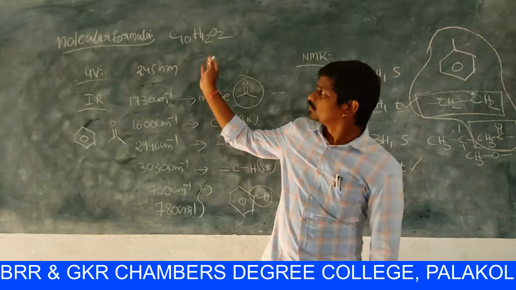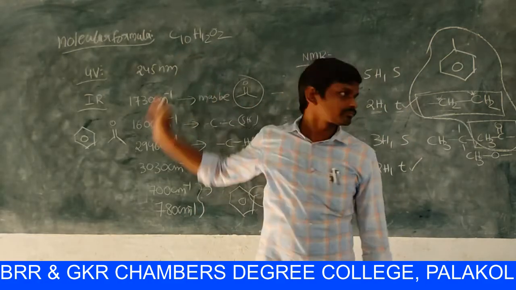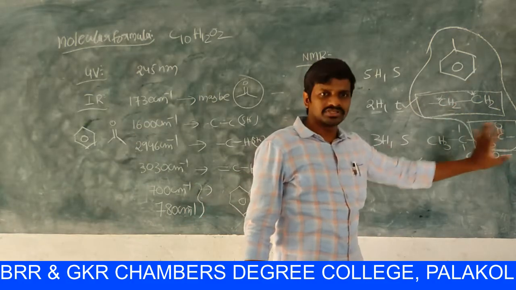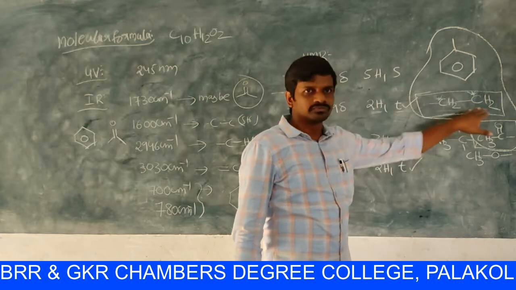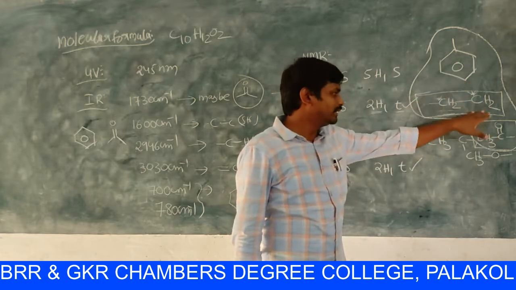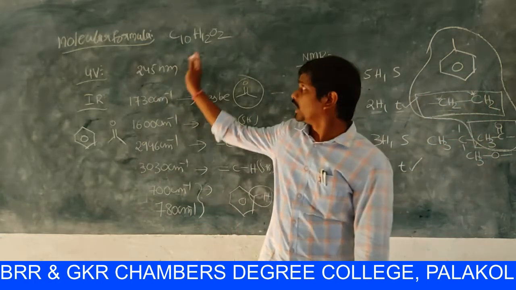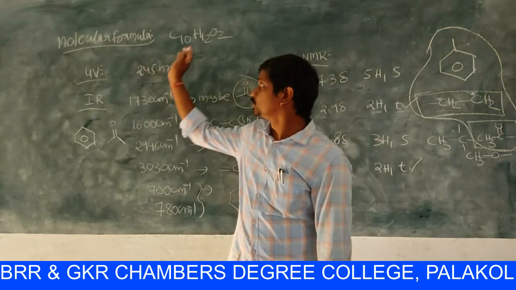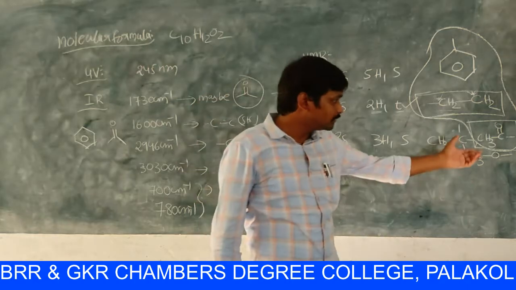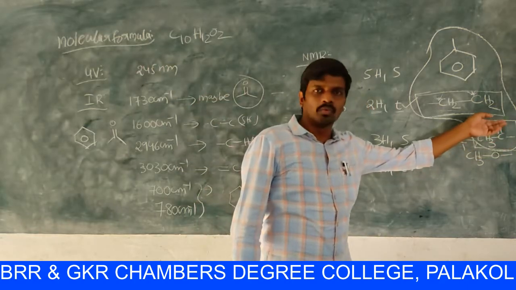Now the molecular formula is C10, so the total is 10 carbons, and the number of hydrogens is 12: 5 plus 4 is 9, 9 plus 3 is 12. And the molecule has 2 oxygen atoms, but here we have only C double bond O, only 1 oxygen atom.